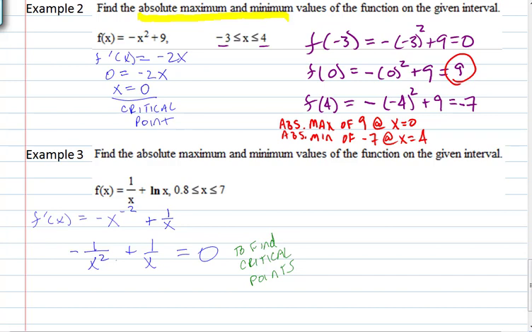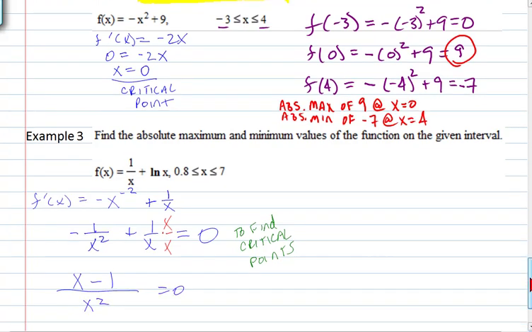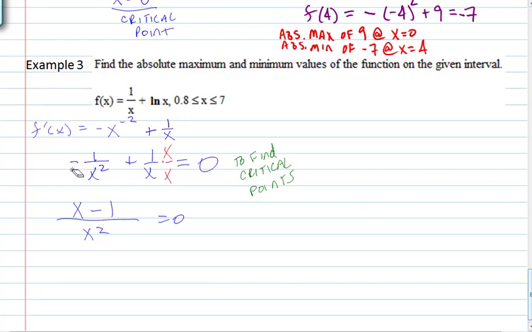So I'm going to multiply this by x over x. And that's going to give me x minus 1 over x squared equals 0. Because this already had the common denominator, it's -1. This is 1 times x is x. That's why this came like this.